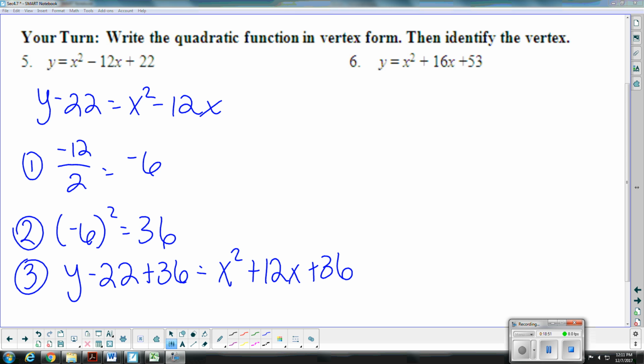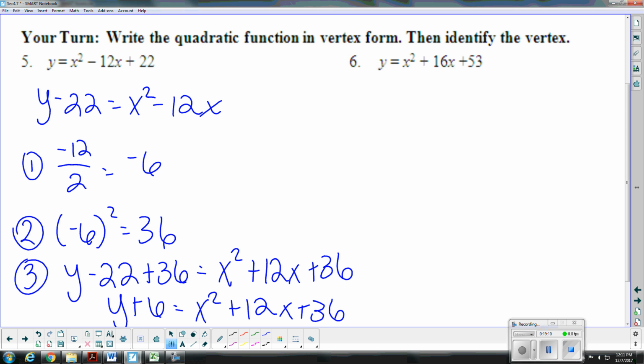So we get y plus 6 equals x squared plus 12x plus 36. Our next step now is to put that right side of the equation into a square binomial.